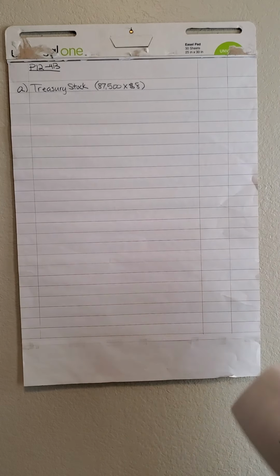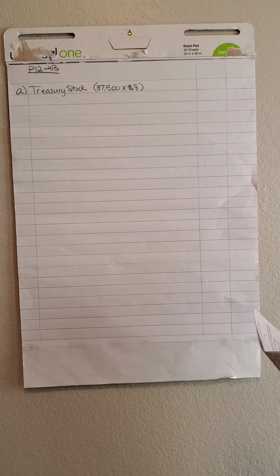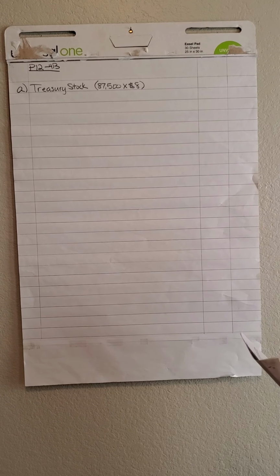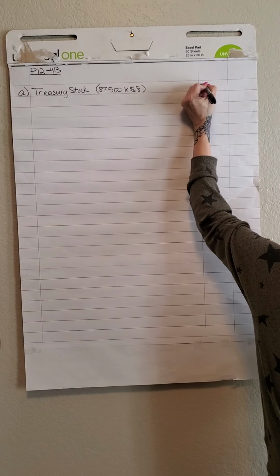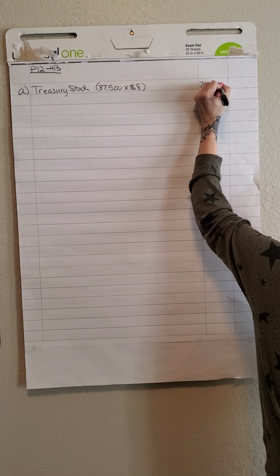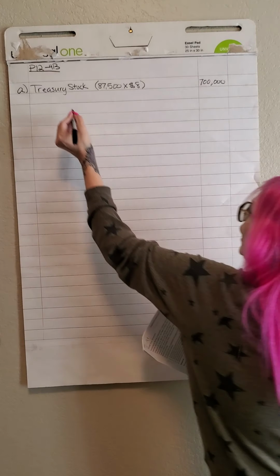So we don't have an additional paid-in account that we're using right now. So we've got treasury stock, $8 times that 87,500 shares. That amount is $700,000. So we're going to debit the treasury stock for that amount, and we're going to credit cash for that amount.